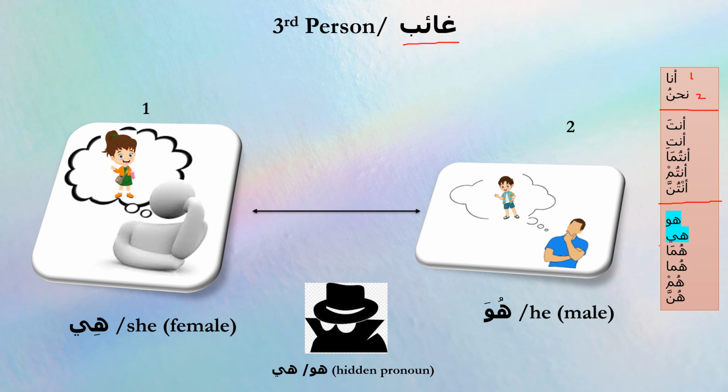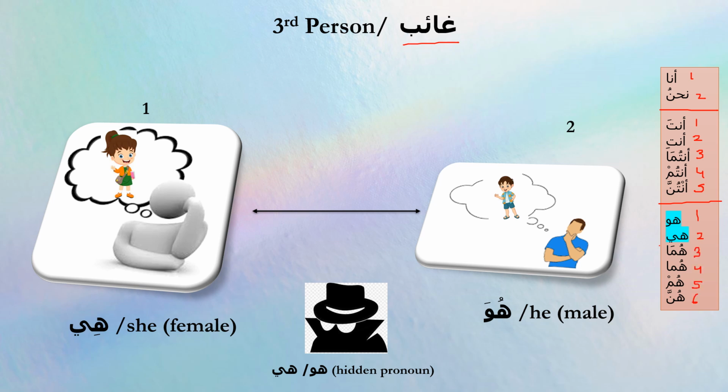And they can be used for both male and female. In the second group, the mukhatib group or second person group, we have one, two, three, four and five pronouns altogether. And in the third group, now count one, two, three, four, five and six.